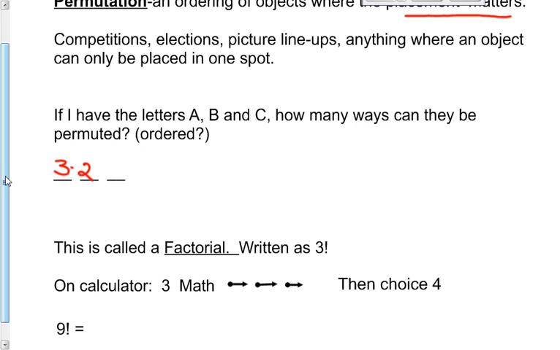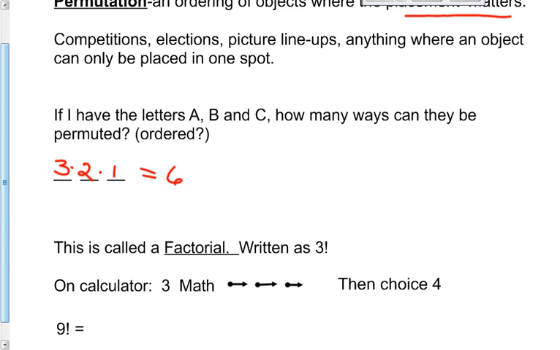And once I use that choice, then I only have 1 choice after that. So do you see, it's the exact same way as we did the repetition with the license plate or the garage door code, where once we use the letter, we can't use it again, and then we have 1 less. That's exactly what we're doing here. So we've got 6 different ways that we can put these letters together.